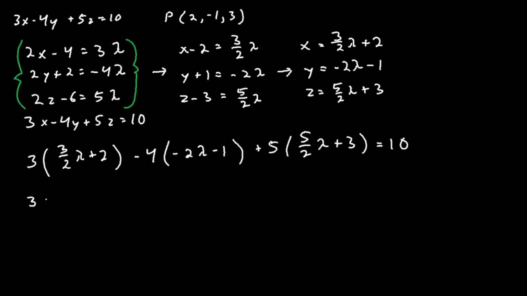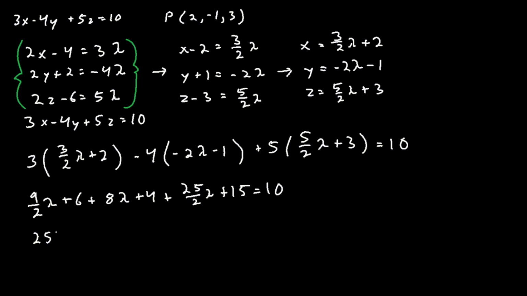Now if we just distribute everything, we get 9 over 2 lambda plus 6, plus 8 lambda plus 4, plus 25 over 2 lambda plus 15 is equal to 10. Combining like terms, we get 25 lambda plus 25 is equal to 10.